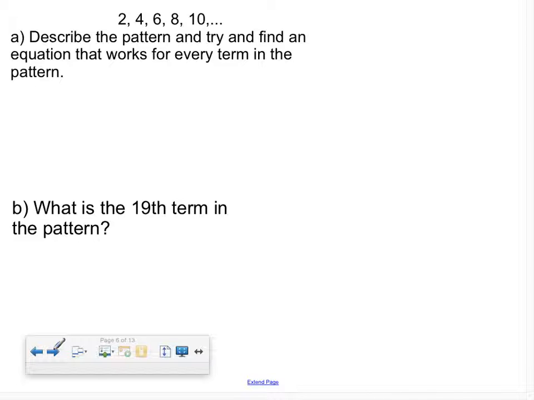All right, so we've got our first pattern, 2, 4, 6, 8, and 10. It says describe the pattern and try to find an equation that works for every term in the pattern. So see if you can figure it out here. Give it a pause.